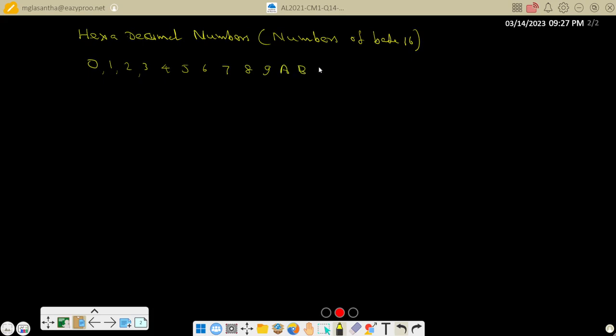11, 12, 13, 14, 15. How many symbols are there here? 16 symbols.